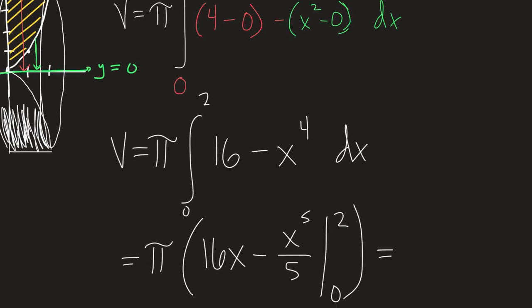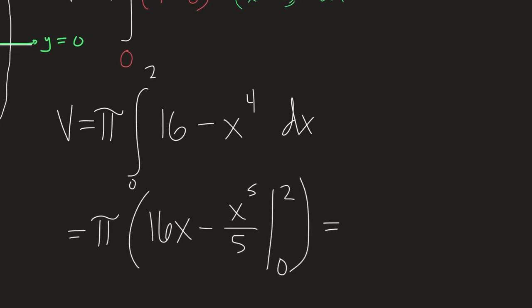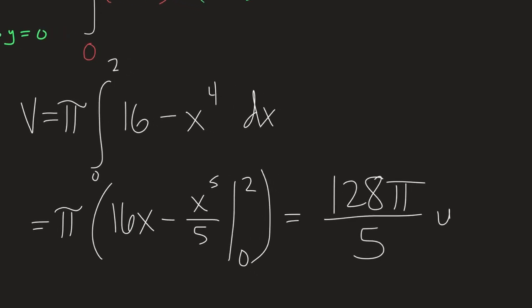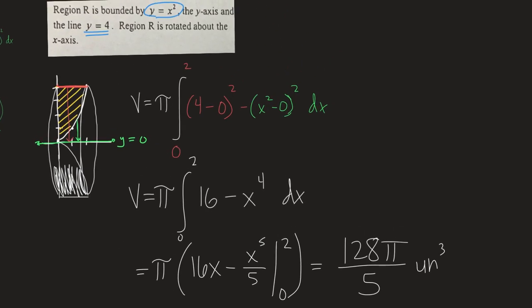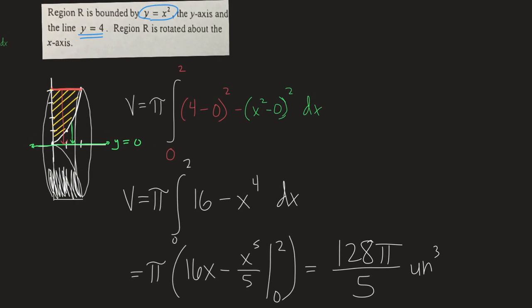You combine like terms, you do all your other wonderful math, and we should get an answer of 128 pi over 5 cubic units as the volume of this cylinder minus funnel. So the idea is you have to take your farther function and subtract your axis of rotation. Pretty okay when it's 0.